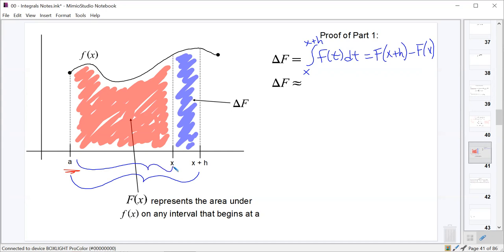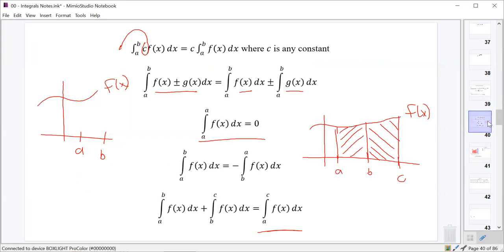So if I take that bigger one, the blue and the red, and subtract off just the red piece, I'd be left with the blue piece. That's exactly what this is saying right here, and that's using the last integral rule that we talked about down here.